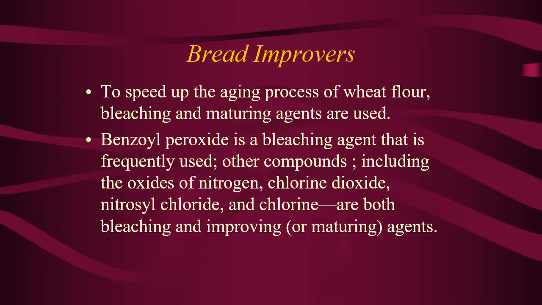The bleaching agent that has always been used is benzoyl peroxide. Other examples include oxides of nitrogen, chlorine dioxide, nitrosyl chloride, and chlorine, which are both bleaching and improving or maturing agents for bread, for flour.